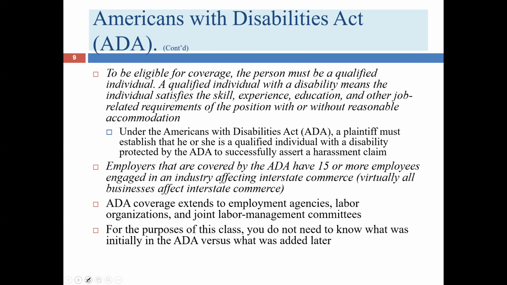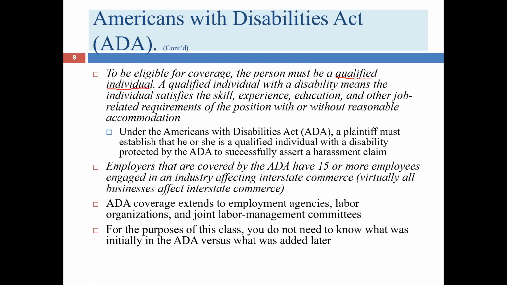We'll see more about this terminology going forward, but of course, as we've seen in others, particularly in Title VII and the Age Discrimination in Employment Act, the only people who can successfully advance claims under this law are qualified individuals.